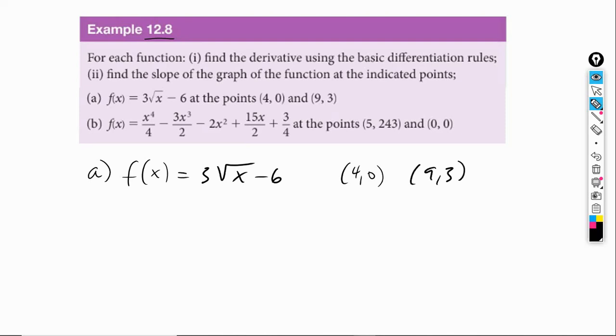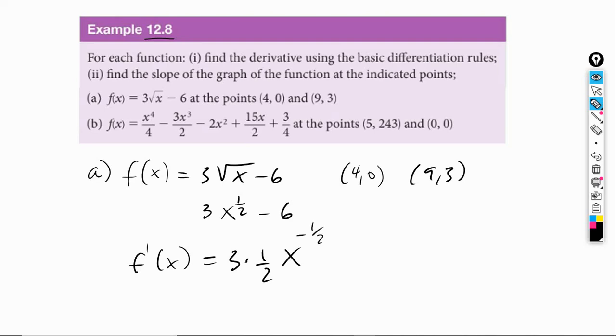Okay, so the first thing to do here is identify the exponents of x. So notice that we can rewrite this as 3 times x to the power of 1/2 minus 6. Then the derivative, using the power rule, would be equal to 3 times 1/2 times x to the power of negative 1/2, because I'm subtracting 1 from 1/2, right?